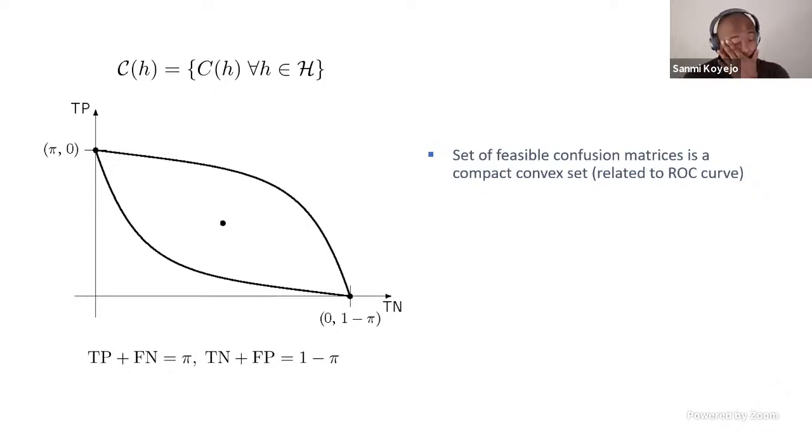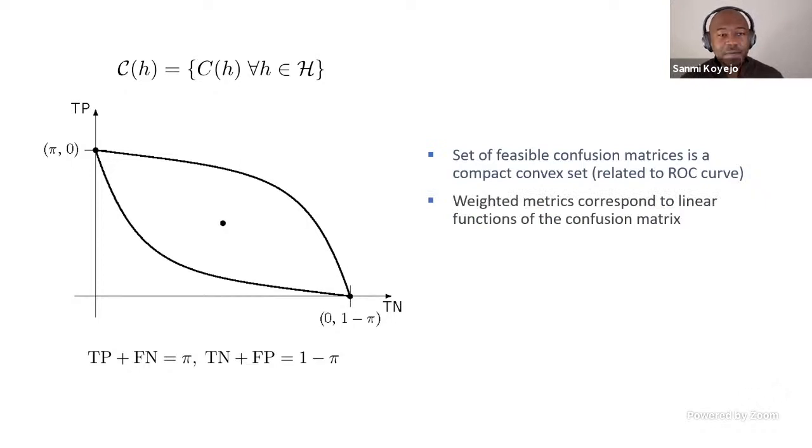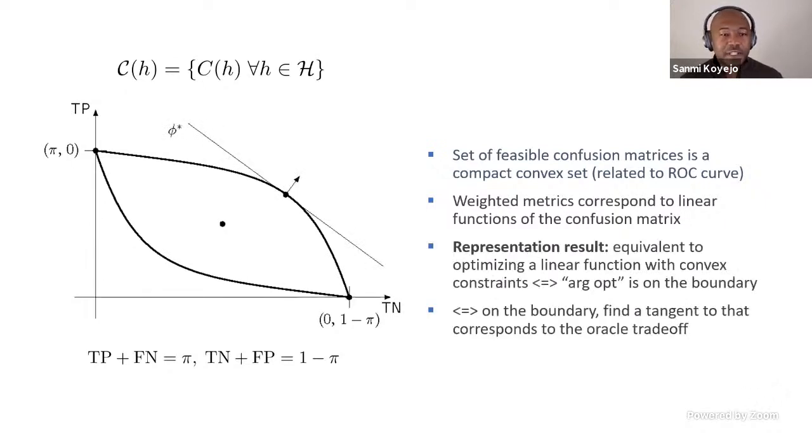And so the first thing that we try to understand is the set of achievable trade-offs. These trade-offs again end up describing a compact convex set. If you're interested in linear metrics, then you can think of these linear metrics as linear functions in the space of confusion trade-offs.